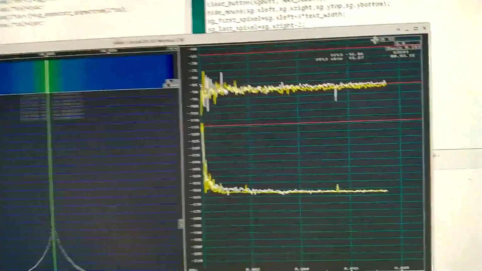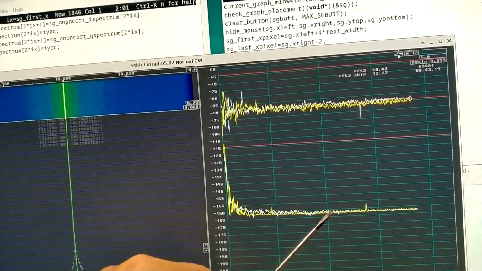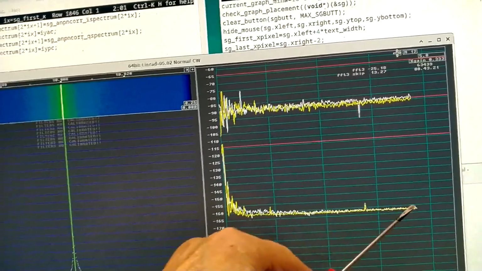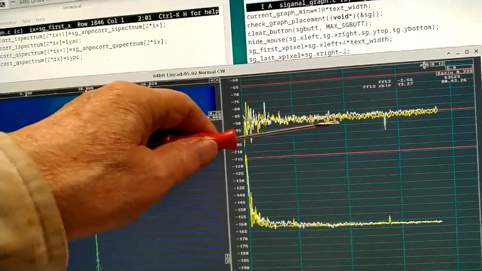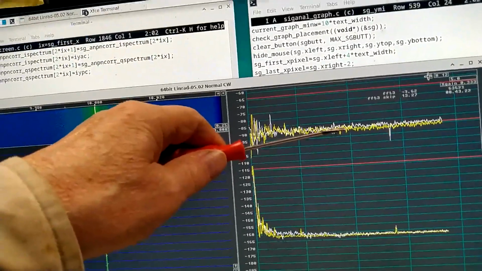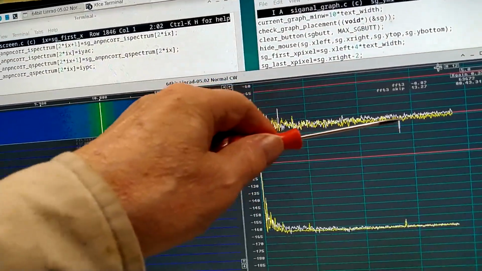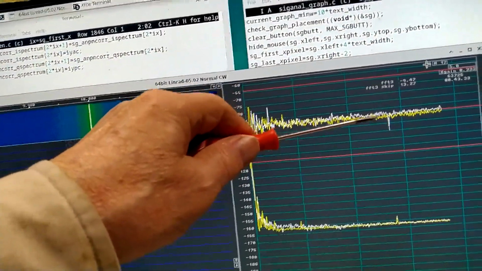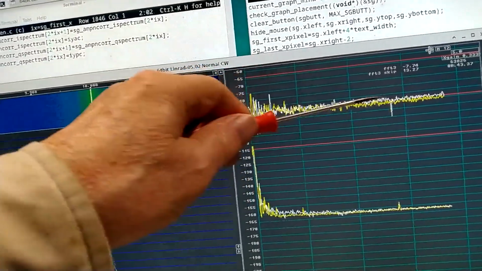At wide range, above, let's say 4 kHz, amplitude noise and phase noise are close to identical. And they are not correlated, or very weakly. It seems that the yellow trace is a little bit below the white trace, and the white trace seems to be on the red line.